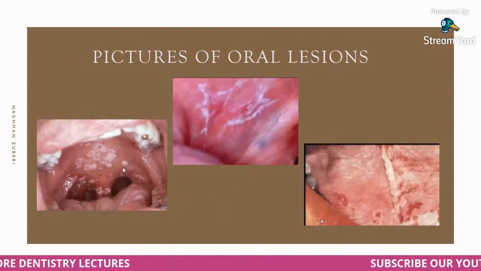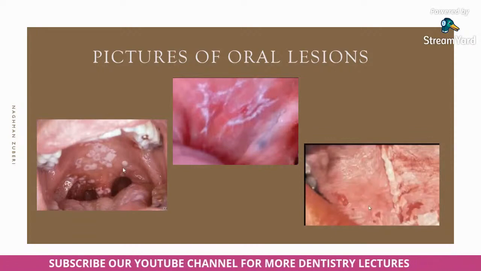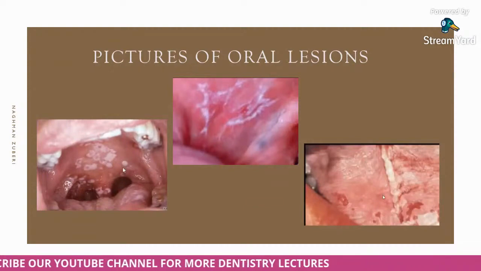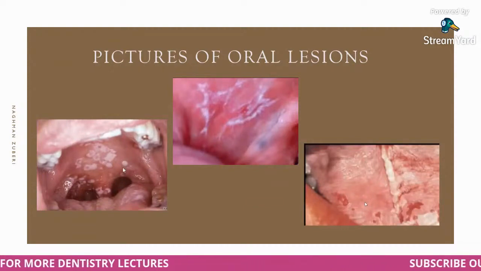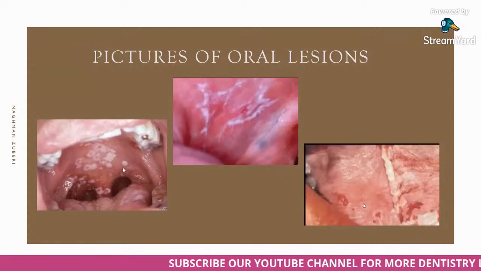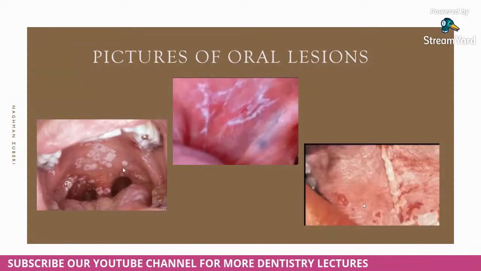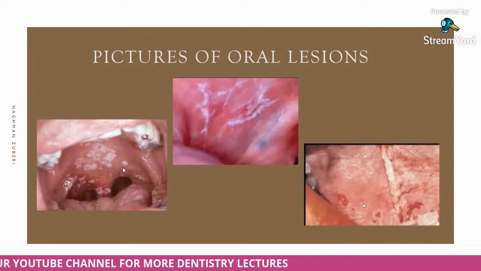Again, they can show you a picture of some erythroplakia or some leukoplakia or a mixed red and white lesion, and they can ask you what would be your first step. The first step definitely would be an incisional biopsy in such a case. They can also give you some situation of median rhomboid glossitis, or they can show you a picture of some geographic tongue, and ask what you are going to do in that case.